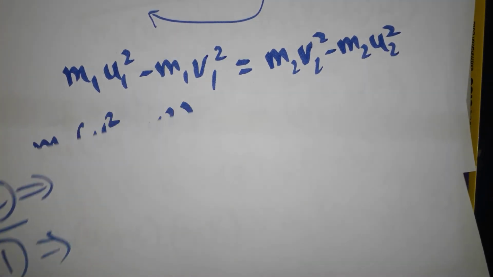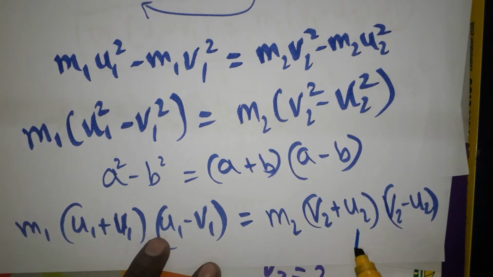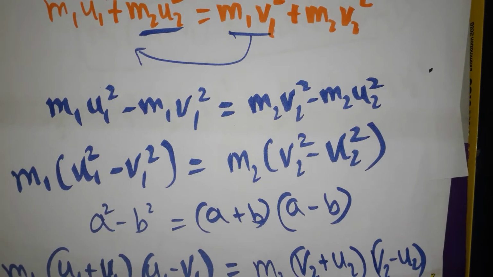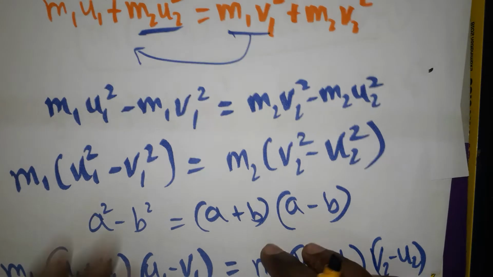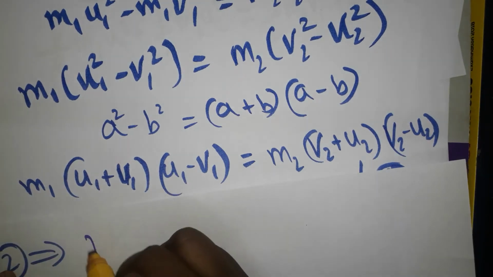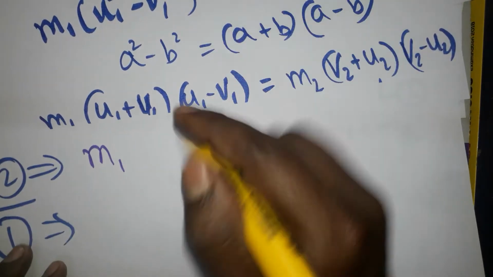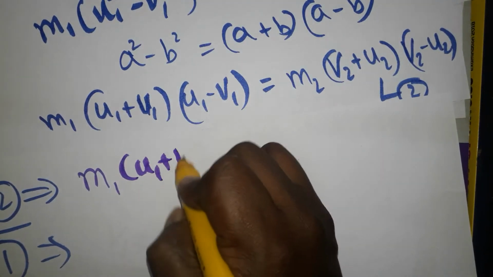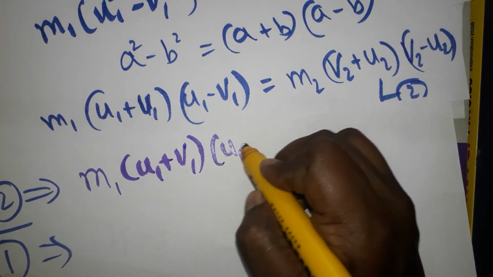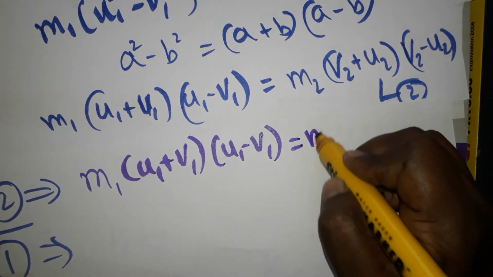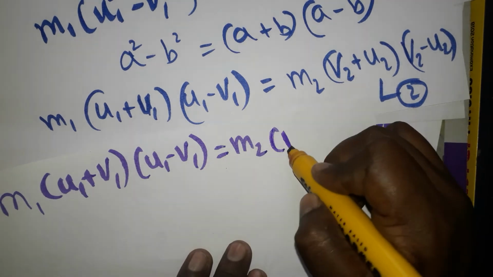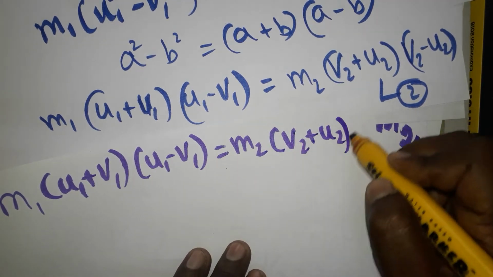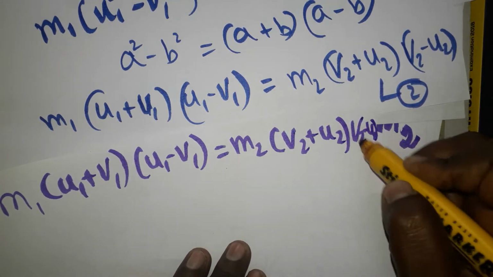It's just a direct division. Equation 2 is this one, and I already said this is equation 1. Now we are going to divide both equations. When dividing equation 2 by equation 1, first we write equation 2: m1 (u1 plus v1)(u1 minus v1) is equal to m2 (v2 plus u2)(v2 minus u2), divided by equation 1: m1 (u1 minus v1) is equal to m2 (v2 minus u2).